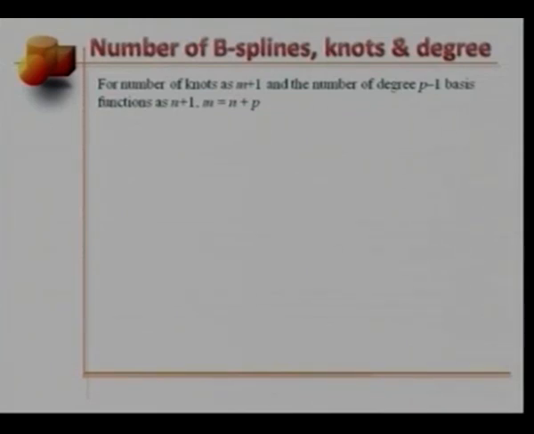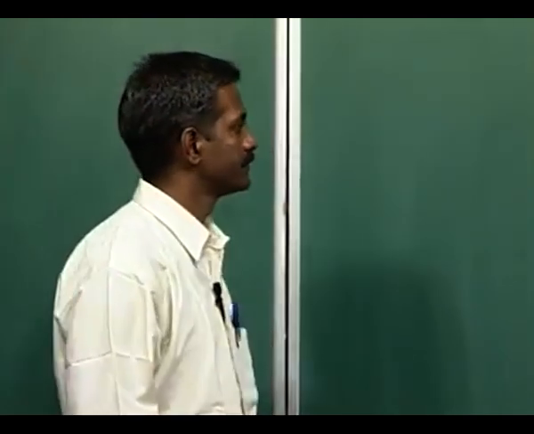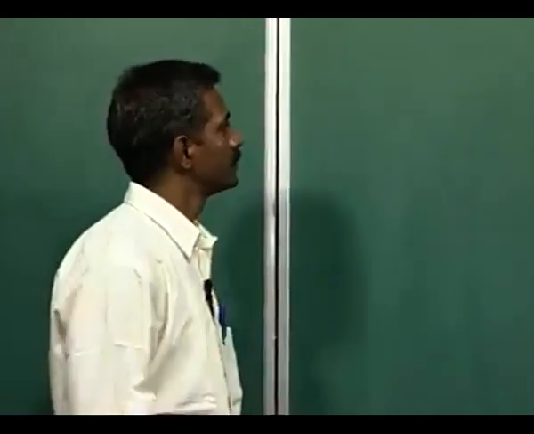Let me work this thing out for you on board. I had mentioned earlier that you should be comfortable sketching B-spline basis functions to be able to understand and work out these properties. So here we go.